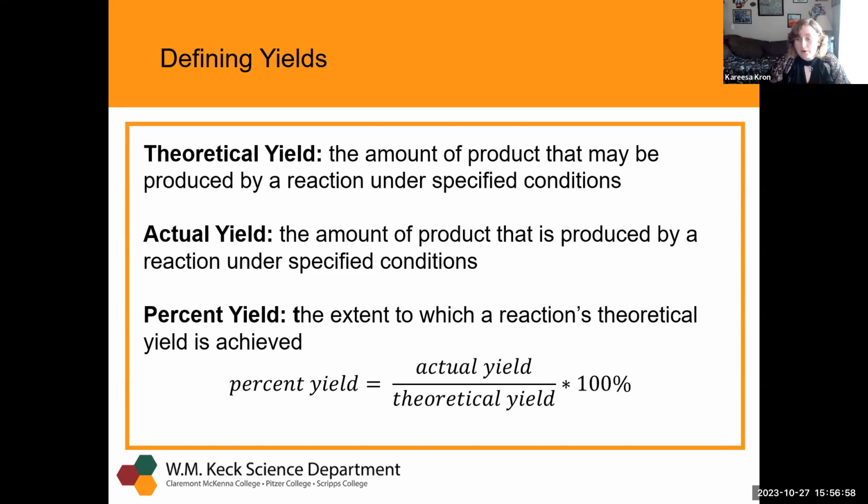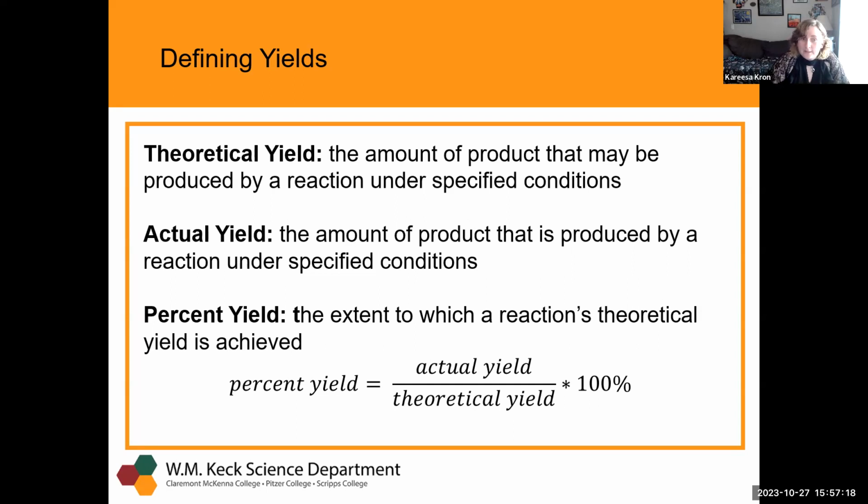How much can you produce? So it's the goal. We don't often do the goal in chemistry, but it is the sort of high bar that we can reach. We can't produce more than our theoretical yield because it's the maximum amount that we can get from a particular set of reactants.